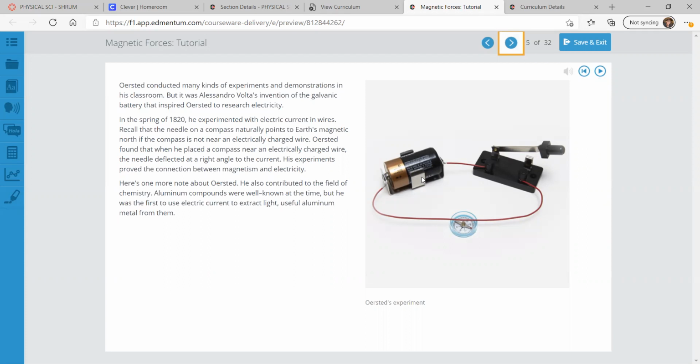If you remember from our past lesson, the needle on a compass naturally points to Earth's magnetic north if the compass is not near an electrically charged wire. Ørsted found that when he placed a compass near an electrically charged wire, the needle deflected at a right angle to the current. His experiments proved the connection between magnetism and electricity.